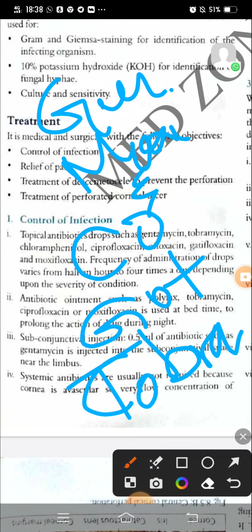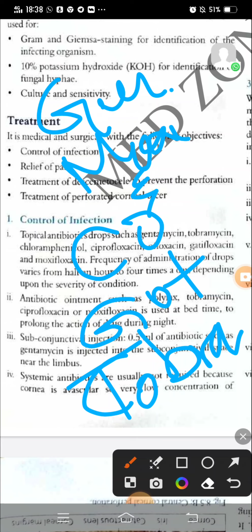All of these antibiotics are given topically, four times a day, or depending upon the severity of the condition, you can also modify the dosage. Then comes antibiotic ointment. In Pakistan, the most commonly used antibiotic ointment in clinical practice is Polyfax.